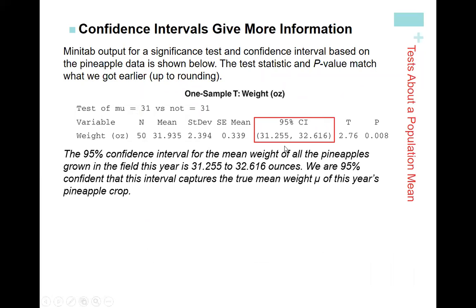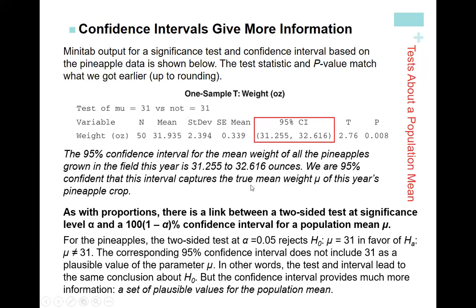So you'd have the t-score times that 0.339. Here is the 95% confidence interval. That gives me an estimate of what the new mean actually is. Notice the number that's not in that confidence interval, 31, which is what our null hypothesis said the mean was. So that leads to us rejecting that null hypothesis and saying, here's some reasonable values for the mean now. It's not 31 anymore.